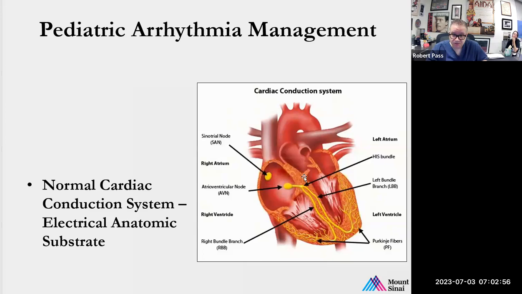The impulse goes across the atrium, reaches the AV node. The AV node then conducts to the His bundle, and the His bundle then divides into the right and the left bundles. And the right bundle actually has two bundles, but the point is this is the general construct of our normal conduction system, which is something we think about in the electrophysiology world continuously and always.